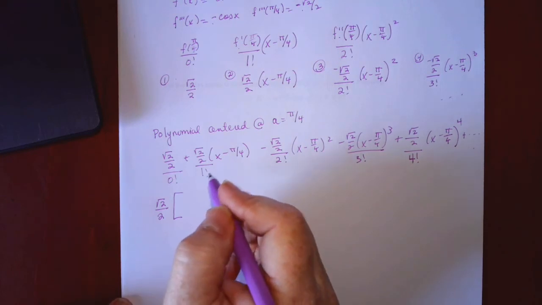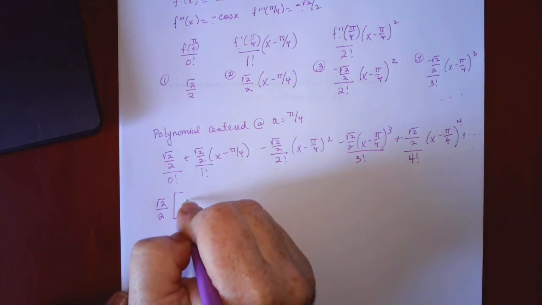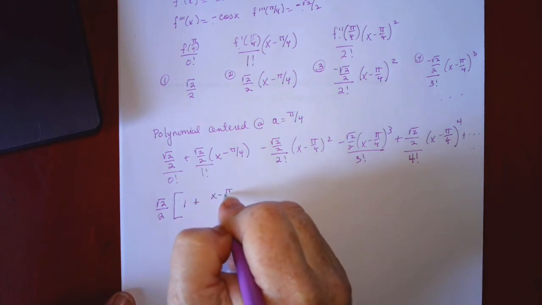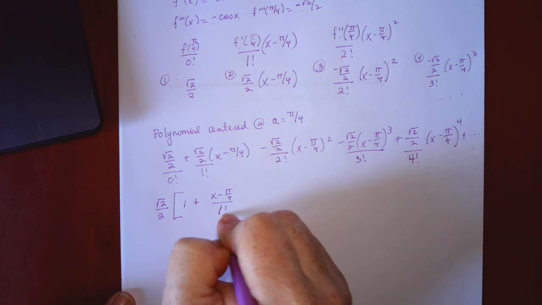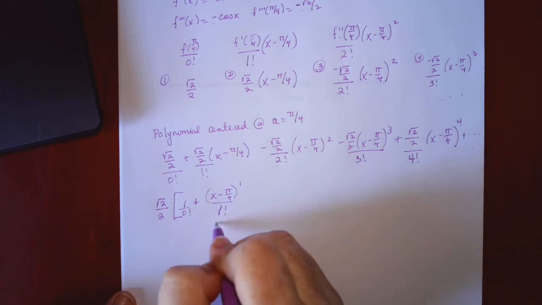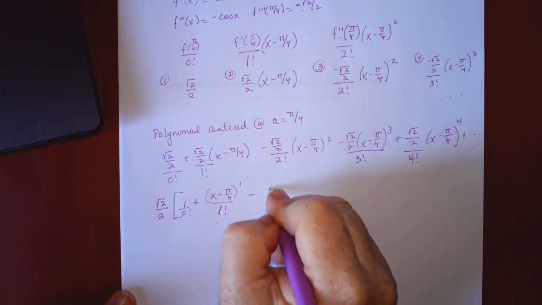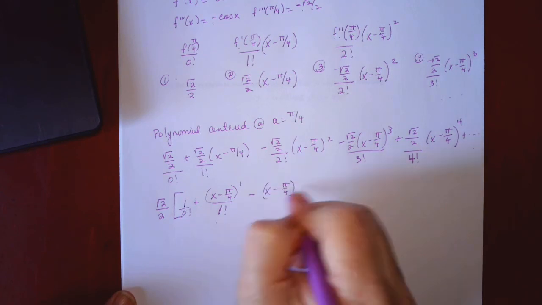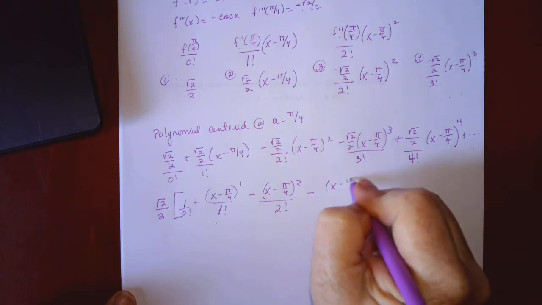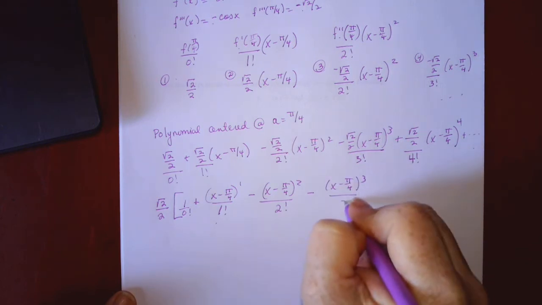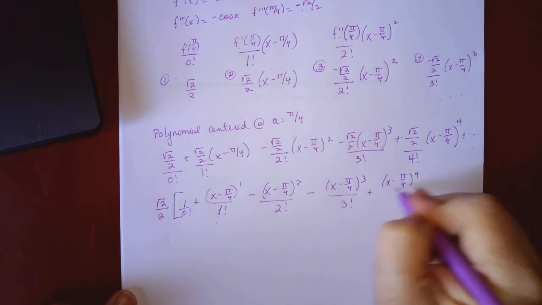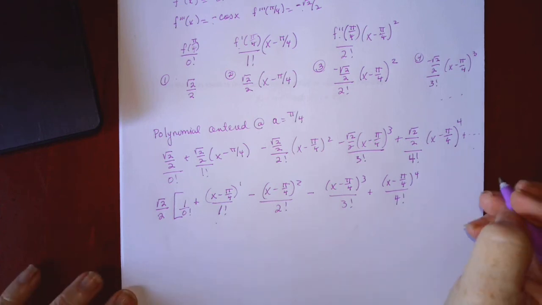And so then I would have 1 over 0 factorial, plus x minus pi over 4 over 1 factorial, minus x minus pi over 4 squared over 2 factorial, minus x minus pi over 4 cubed over 3 factorial, and I'm just going to do one more just for fun.